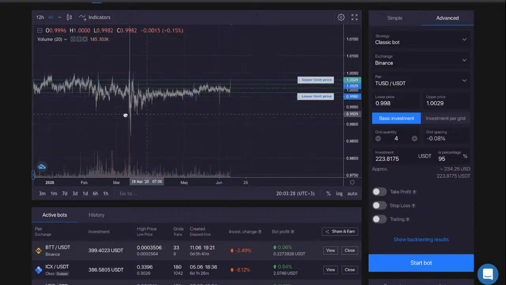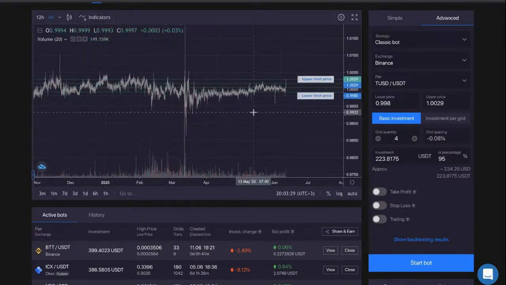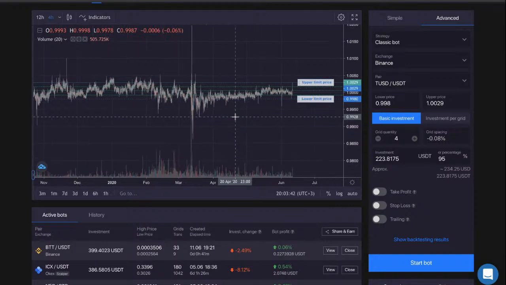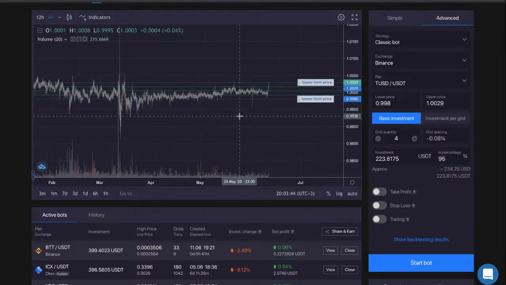So that's a passive, risk-free strategy for you. And soon you will be able to launch this scalper on such cryptocurrency pairs to have this passive investment opportunity.